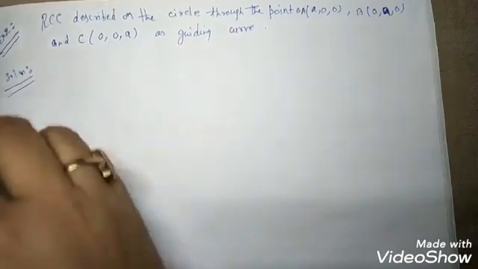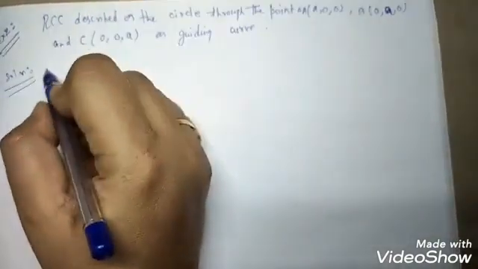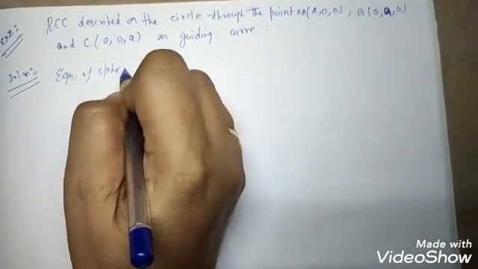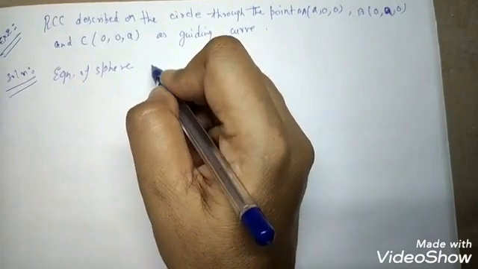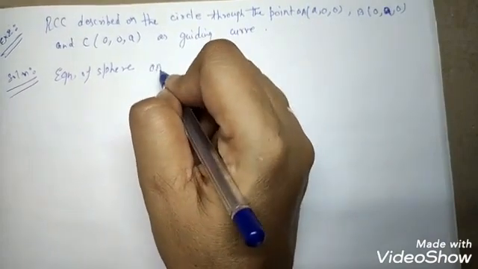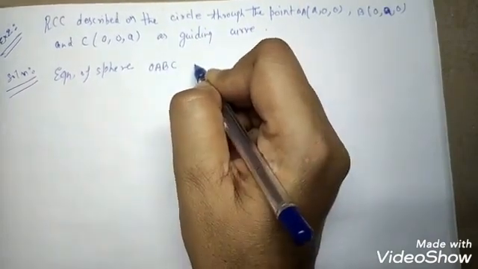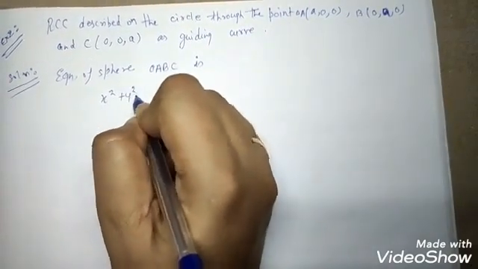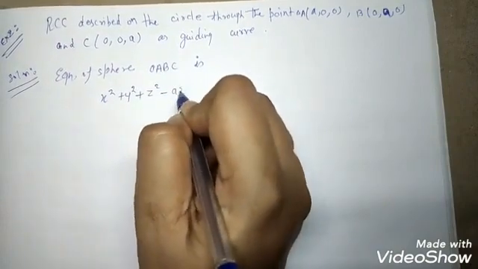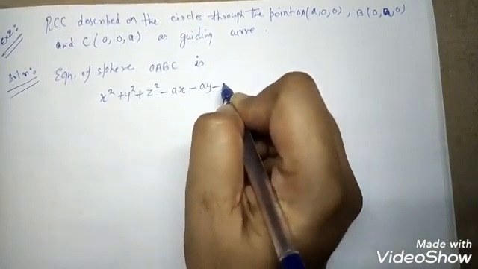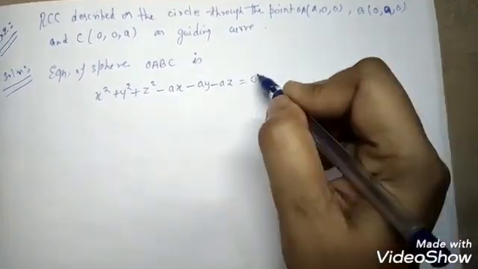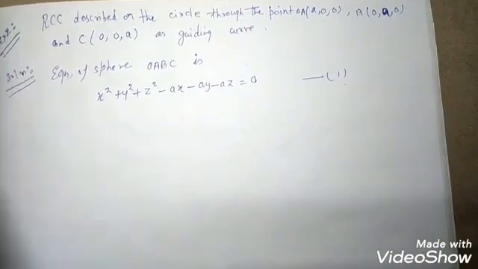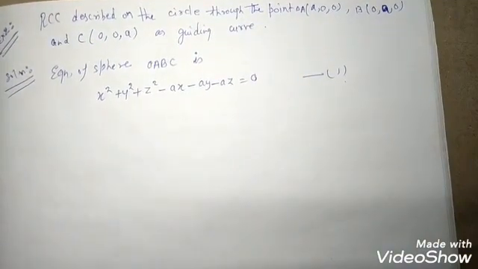Then the equation of the sphere with 4 points O, A, B, C is given by x square plus y square plus z square minus ax minus ay minus az equal to 0. This I told you in the lecture on the sphere.